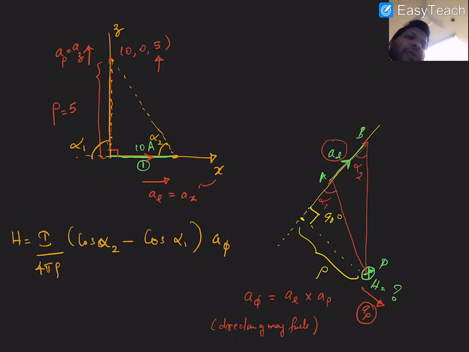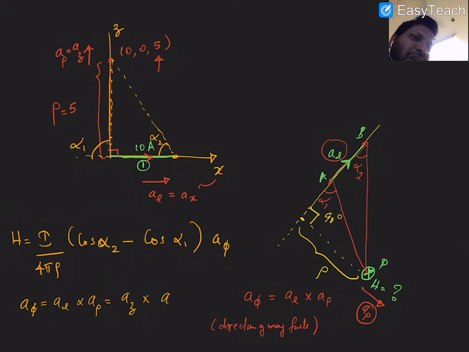So you know alpha 2 now. I will write it here. You know a phi is equal to al cross a rho, and al, you see, it is az, cross what is a rho?